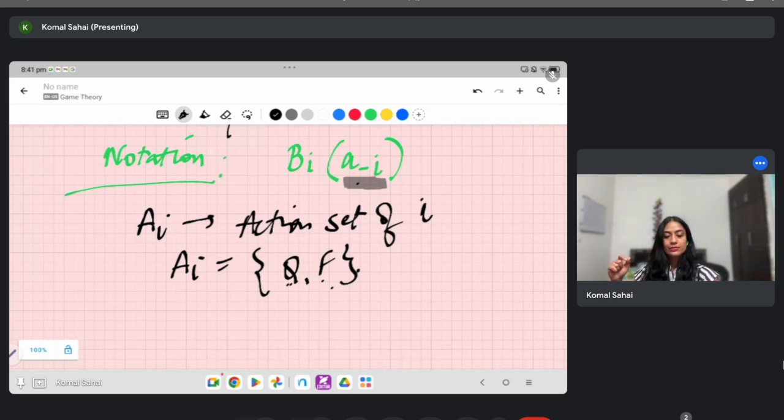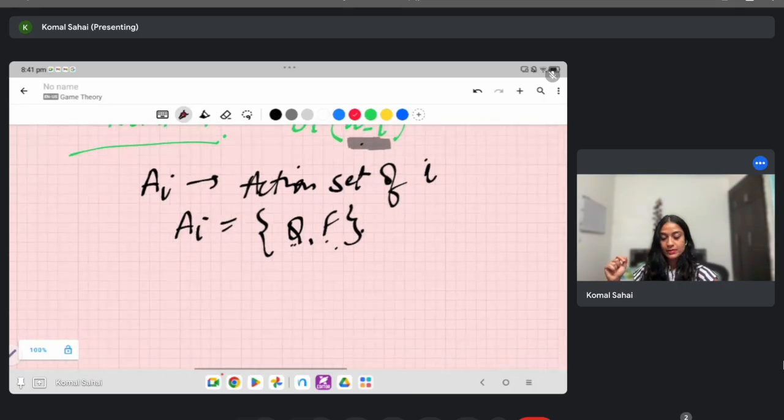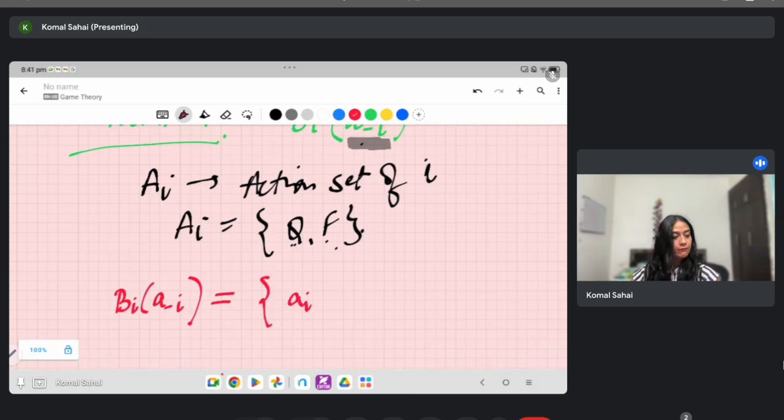Right? So let's write it formally. What we have is that the best response function of player I given the action of the other players is essentially an action AI which belongs to the set of actions AI, right?